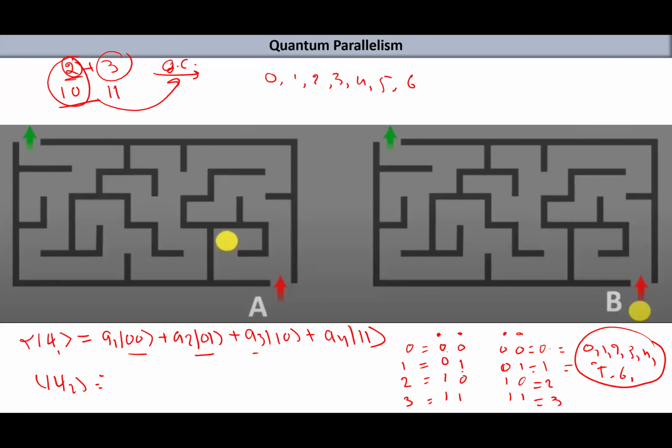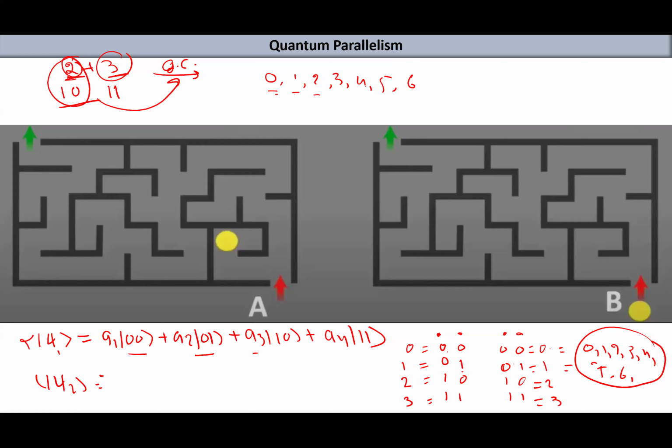It means when you add 2 and 3, it will create a superposition state. And when you further add, still in the superposition, it is going to create these numbers, but they will remain in superposition. So all possible results are there. The quantum computer is going to calculate everything.